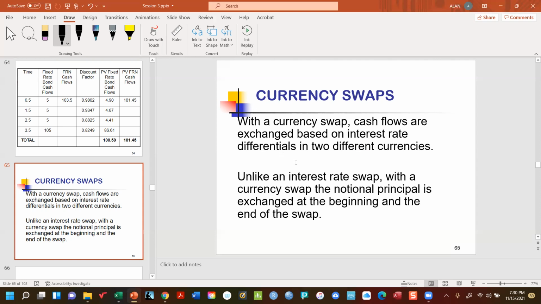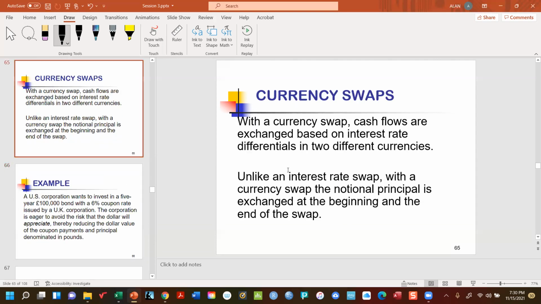So we have to be very careful with it, but ultimately a currency swap can still be treated as the exchange of a position in a bond denominated in one currency for a bond denominated in another currency. So in that way, it's very much like what we did with the interest rate swaps. But there's also other ways of doing this as well.